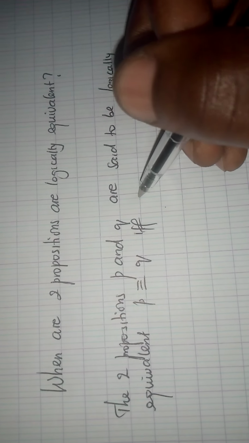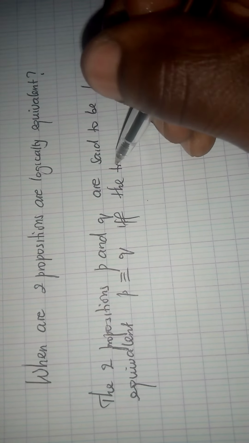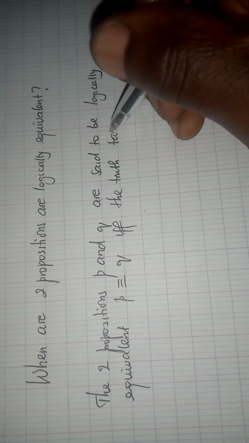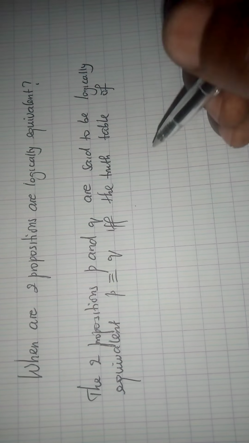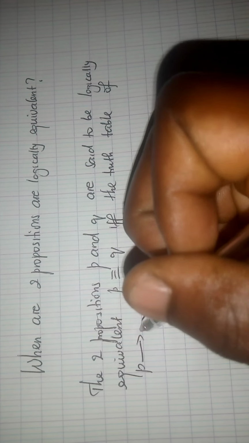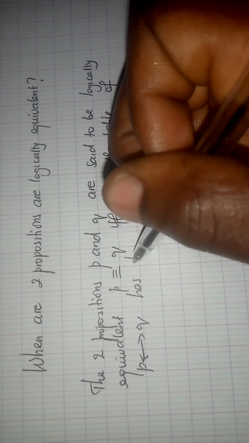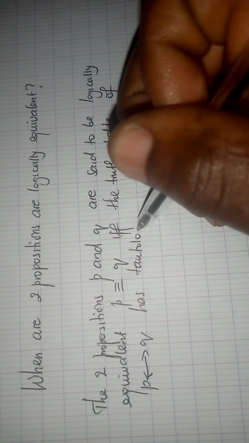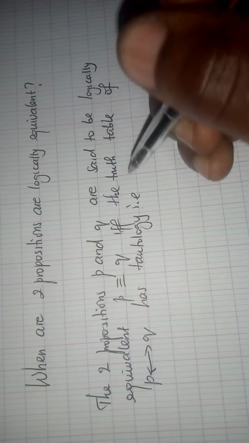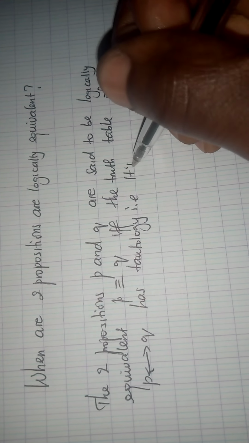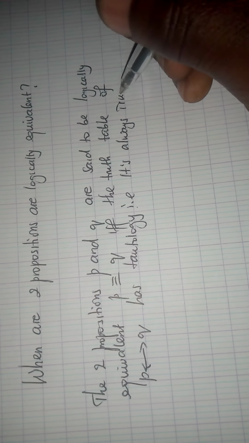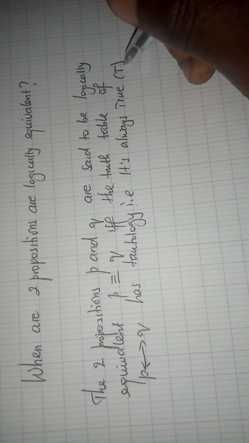if and only if the truth table of their bicondition, if P then Q and vice versa, is a tautology, which means it's always true.